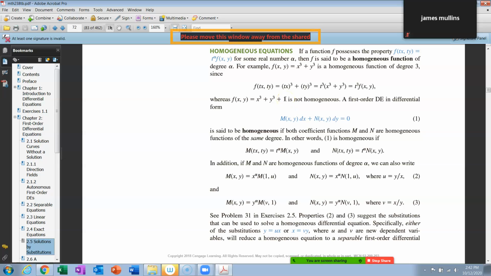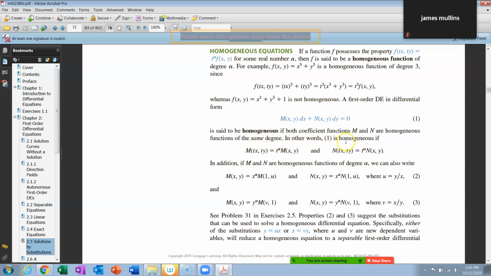So another way to look at what they mean by a homogeneous equation is that every term in that equation has the same order. Okay, so a first order differential equation in differential form, M of x, y dx plus N of x, y dy equals 0, is said to be homogeneous if both the coefficients M of x, y and N of x, y are homogeneous functions of the same degree.